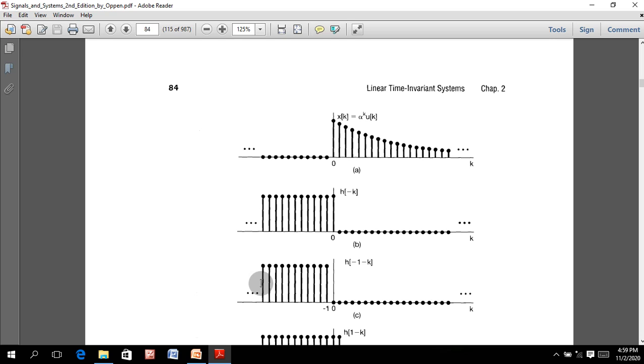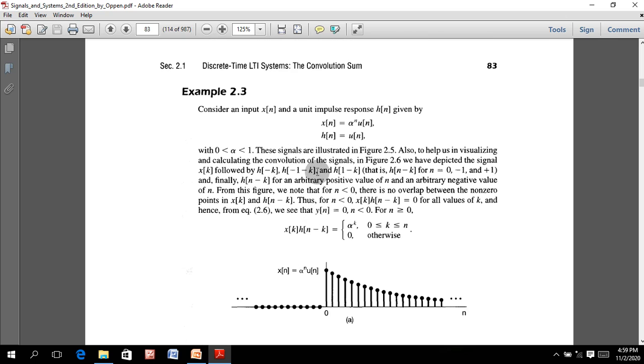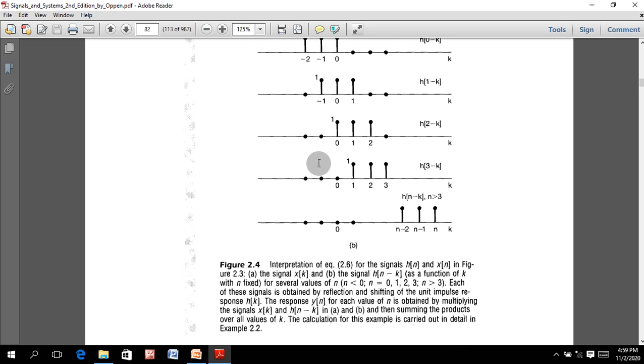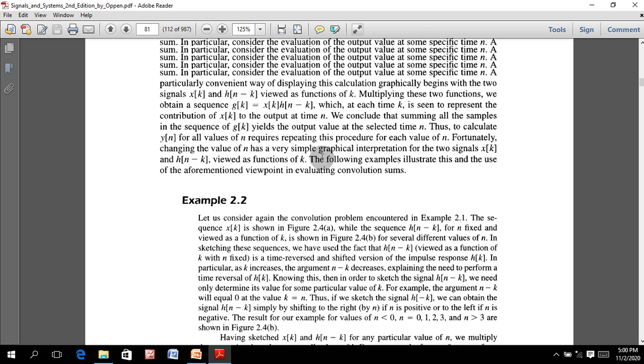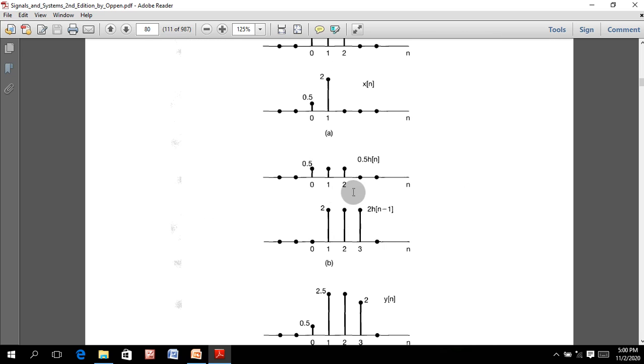Another important factor that we should understand here is, in the first example that we have realized, in the case of h of n minus 1, what has happened? It has not been delayed here. From the shifting property of the generalized form of convolution sum, you have realized that until and unless the value of k is equal to n, the whole value will be 0.